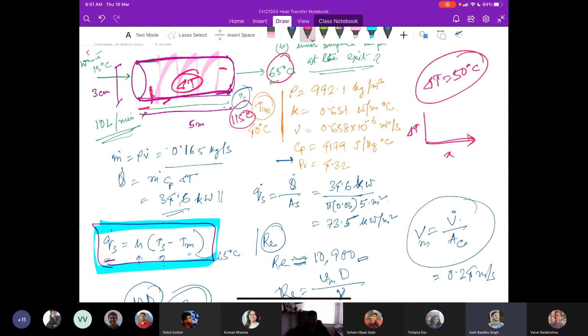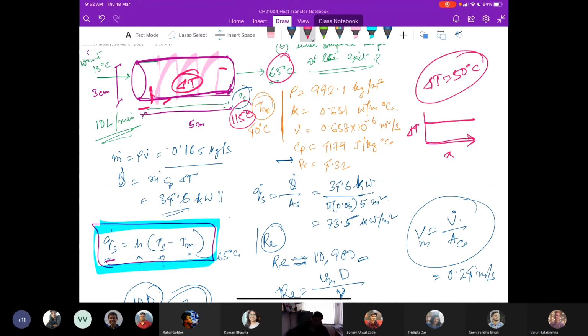So del T is like Ts minus Tm, and we know Tm varies as Ts plus an exponential part, so del T will be something exponential. So will it be a horizontal line, you think? Right, it is a constant value.